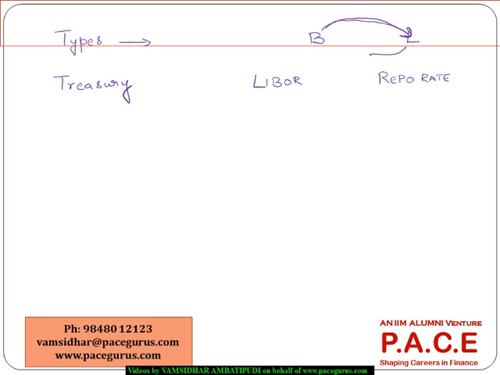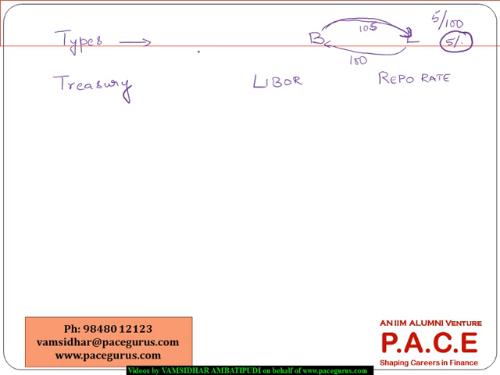Let's say the lender has lent $1,000 to the borrower. At the end of 1 year, the borrower pays 105. Means the additional 5 that the borrower has paid to the lender is what we are calling as the interest. And this 5 is paid over 100 that has been borrowed. So I convert it into percentage, it works out as the interest rate for that particular period.